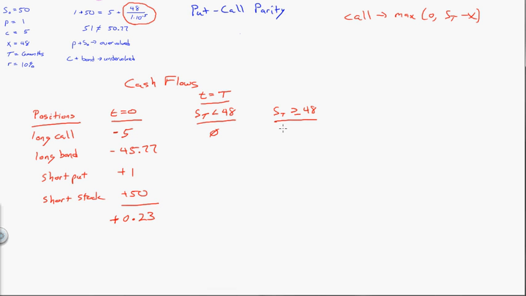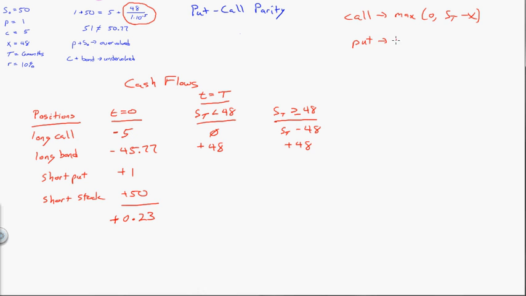If the stock price goes up, it's ST minus 48. And I'm long the call, so it stays just like that. Long the bond, so I bought the bond and paid $45.77 today, which means it will pay me $48 when it matures in the future.